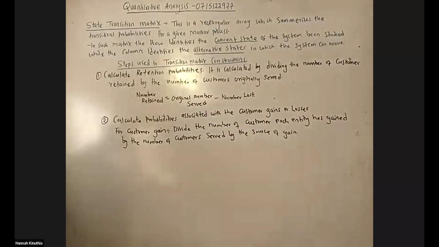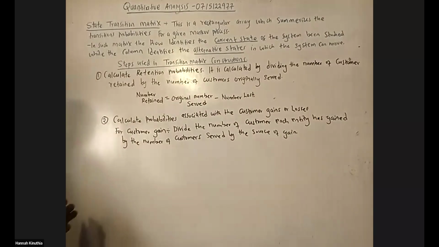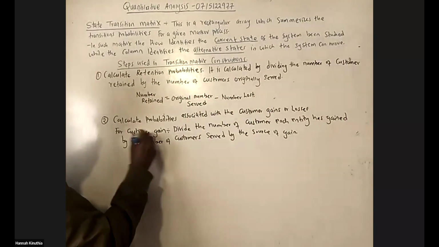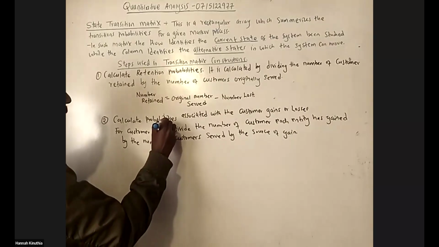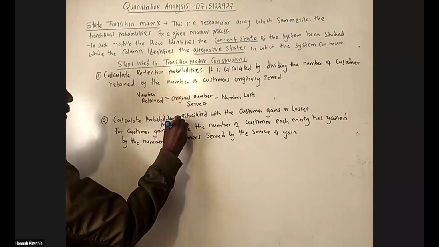So that's number one for customer gain. This one is about customer gain probabilities.